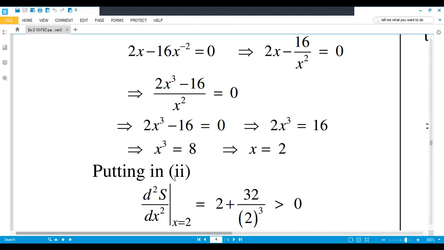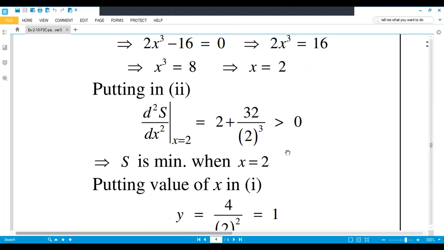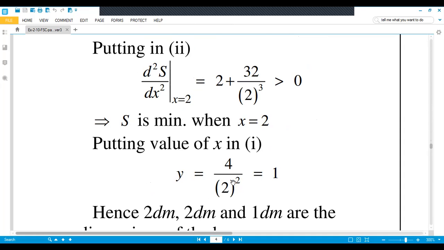Now putting x equal to 2 in the second derivative, d square S by dx square at x equal to 2, so 2 plus 32 by 2 cube, which is greater than 0, so it means that the surface area is minimum when x is equal to 2. Now putting the value of x in equation number 1, you get y equal to 1.